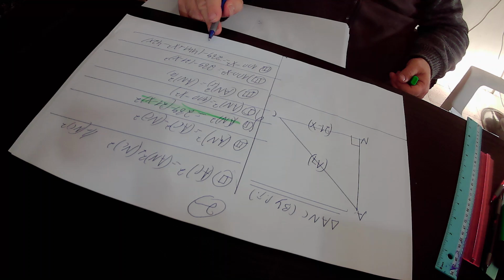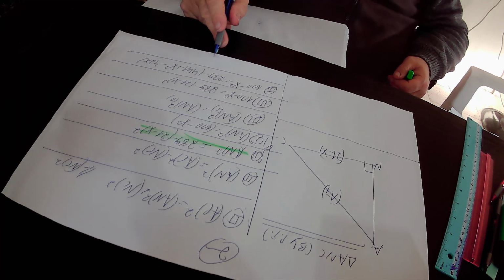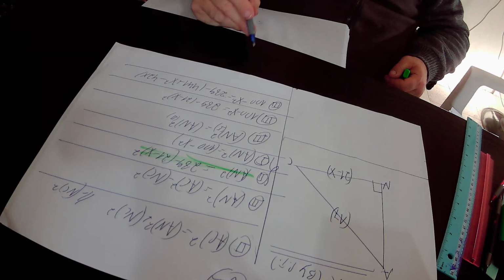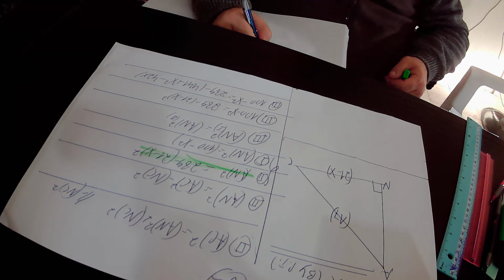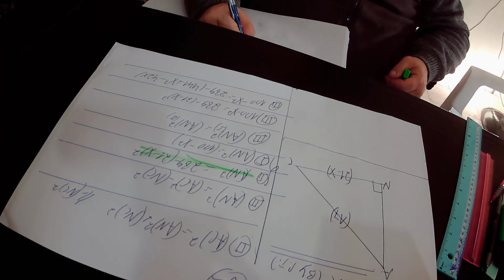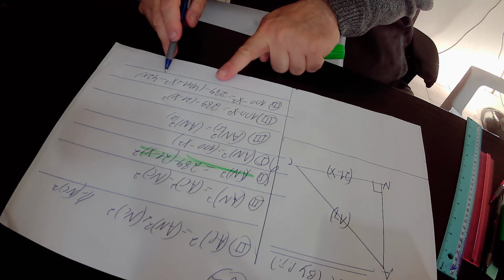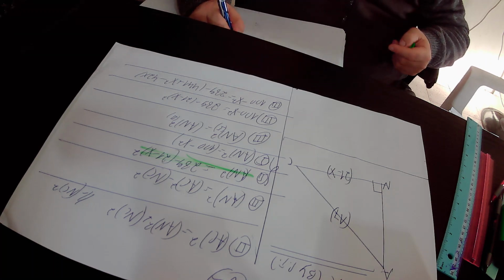When we open the brackets, we get minus 441, minus x square, and minus times minus is plus, so minus 42x becomes plus 42x.